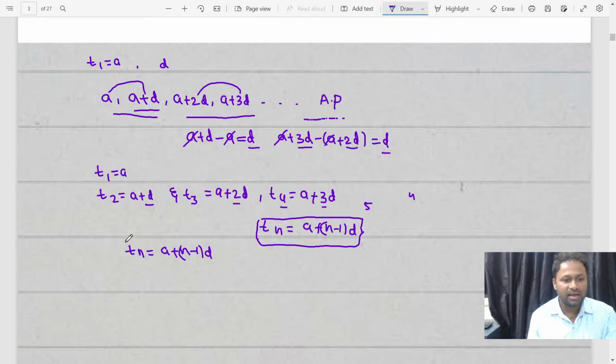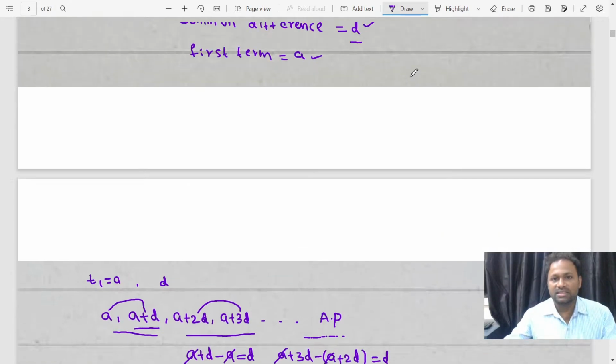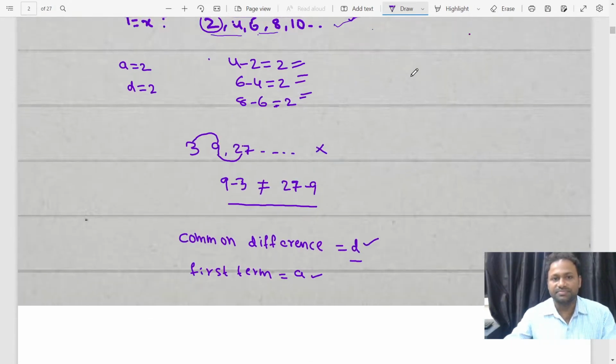This is called the nth term of the arithmetic progression, right? So this is about arithmetic progression. After getting the nth term, we need to know about the sum of n terms. Okay, what do you mean by sum of n terms?